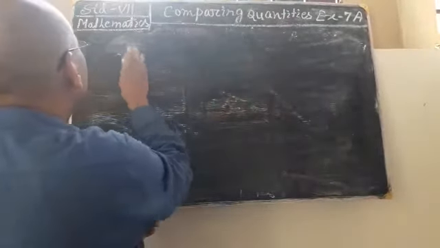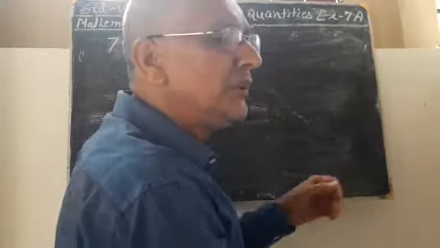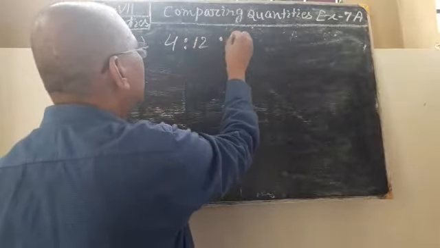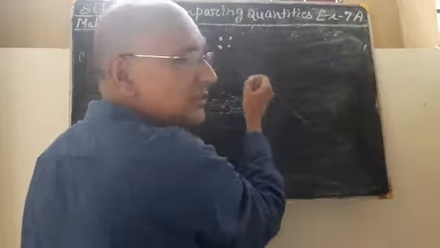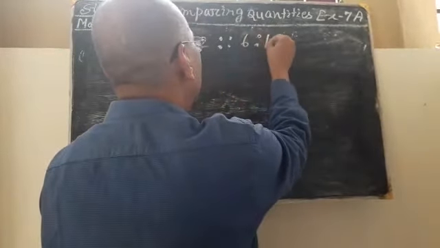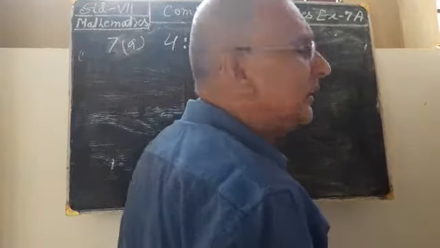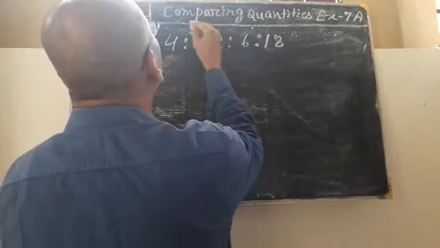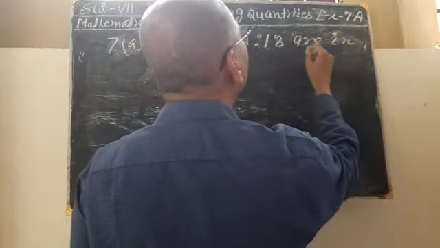We are given 4 is to 12, double is to 6 is to 18. The question is, are the following in proportion?